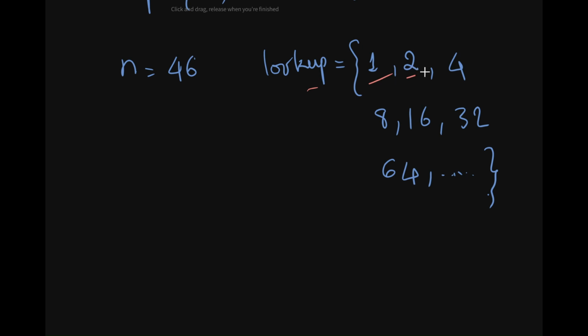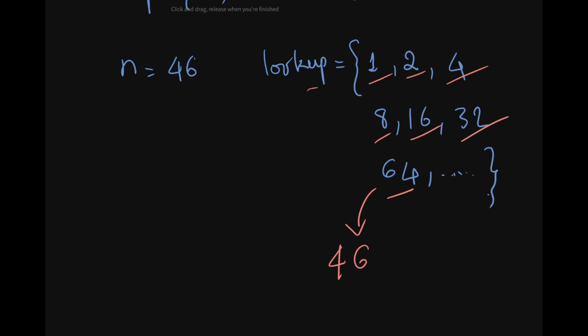It's not 1, it's not 2 as well, and it's not 4. It's not 8, it's not 16, and it's not 32. But it's supposed to be 64, right? But the thing is, n equal to 46 is not 64. That means for every value that you created in this lookup, it's supposed to be sorted.